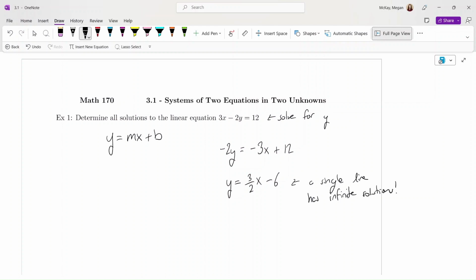Alright, so how would we write that out in more mathematical terms, instead of just saying it has infinite solutions? Typically we write out a solution to the general form of a line as an x-coordinate and a y-coordinate.